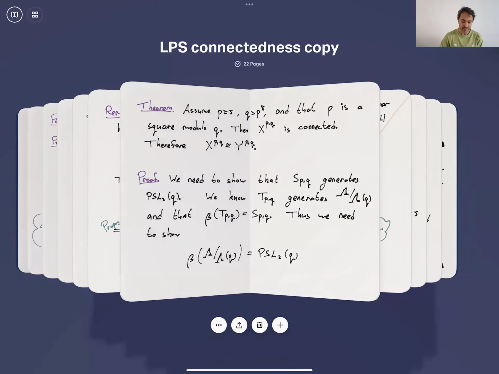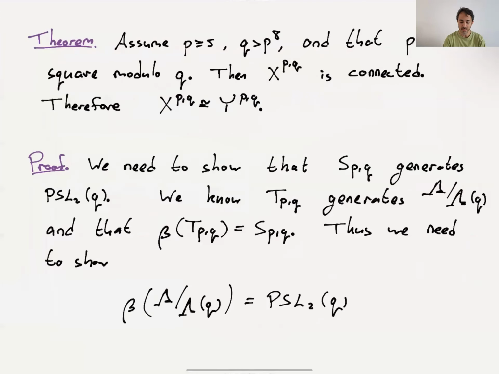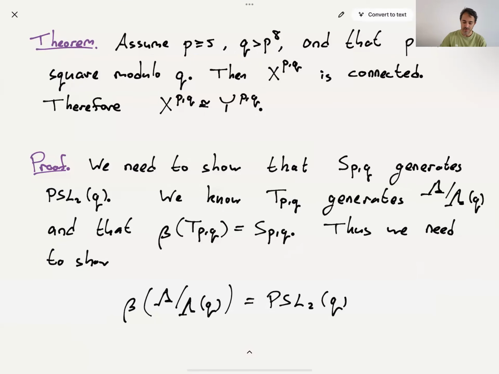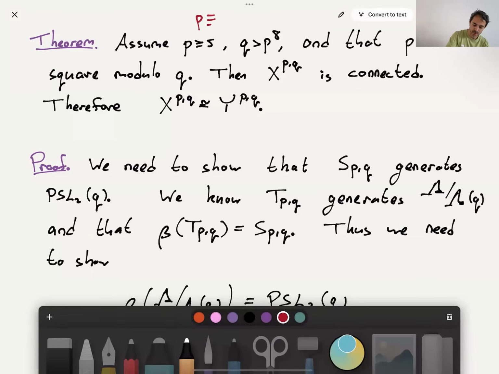Okay, so finally, to prove the main theorem of this lecture, which tells the following. It says that assume p is at least 5. I think I also need the fact, because I'm under this assumption, that p is congruent to 1 mod 4. q is sufficiently large, p to the 8, you'll see why. And that p is a square modulo q.